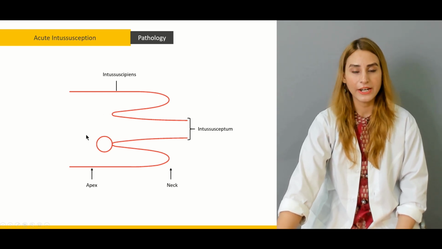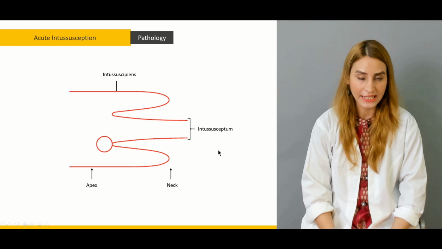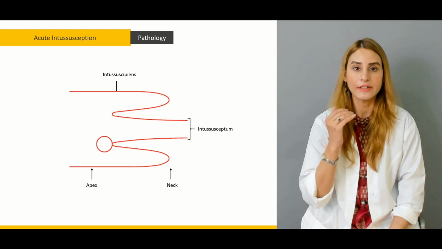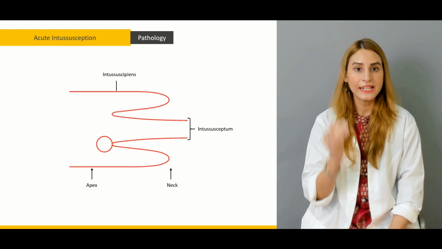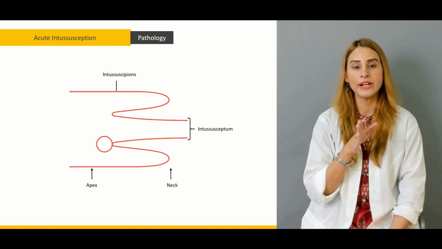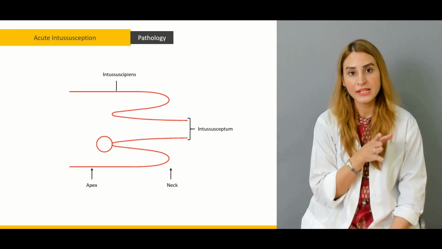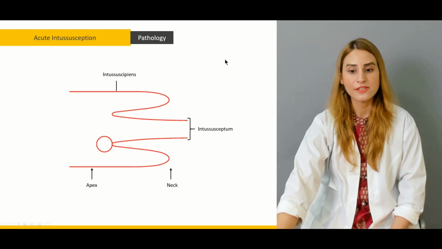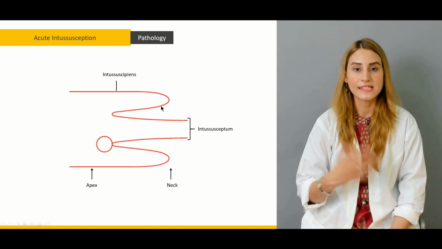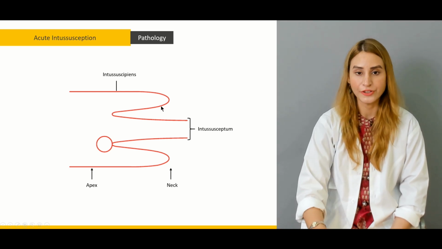These three parts are very important for the structure of the intussusception. There is the outer part, the inner part, the middle part, and the apex. Apex is the point from which the segment is entering. The middle part is also called the intussusceptum, and the inner part is the most inner part of the intussusception.